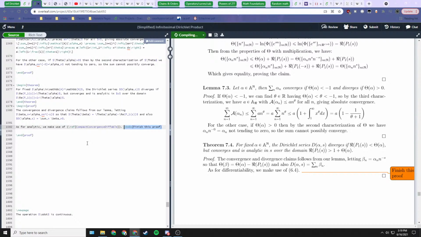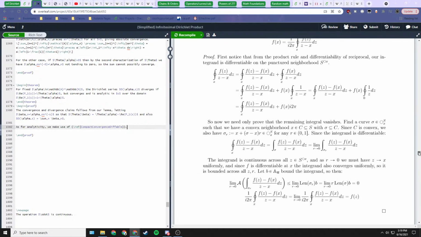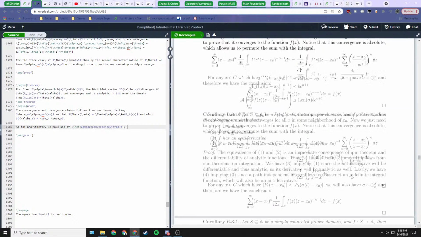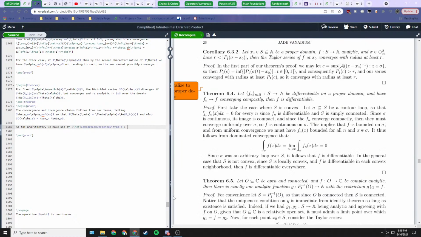In order to prove this, I think we're going to make use of theorem 6.4. To recap what this theorem is, I'll scroll back up to find it. Okay, 6.4.